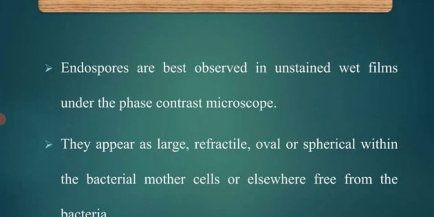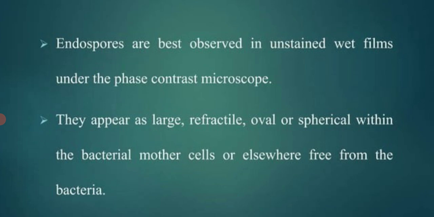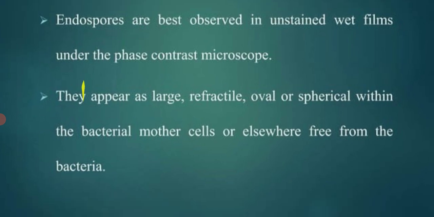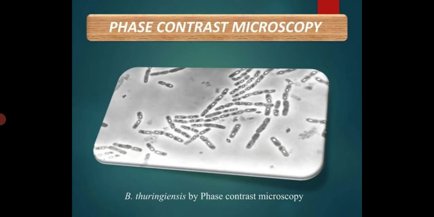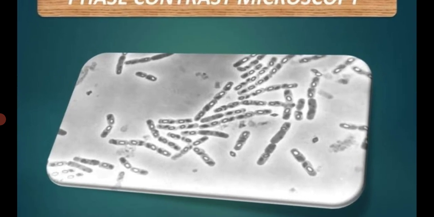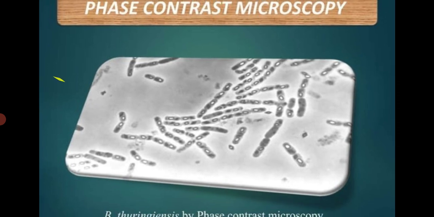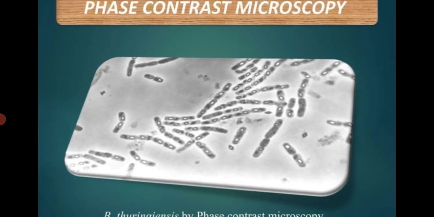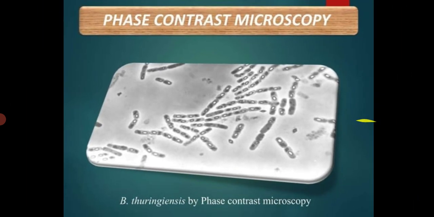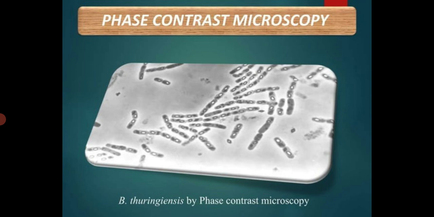During observation, they appear as large retractile oval or spherical bodies within a bacterial mother cell or elsewhere, free from the bacteria. This is an image which shows a spore by phase contrast microscopy, a spore present in the organism Bacillus thuringiensis.